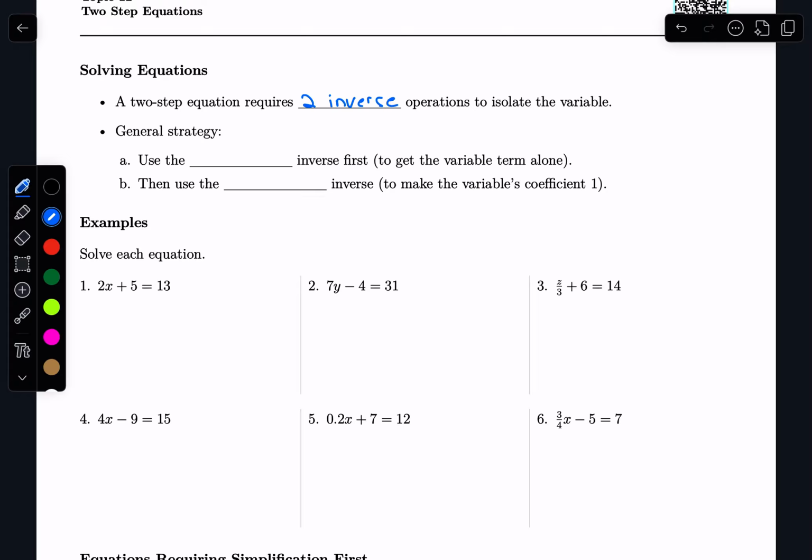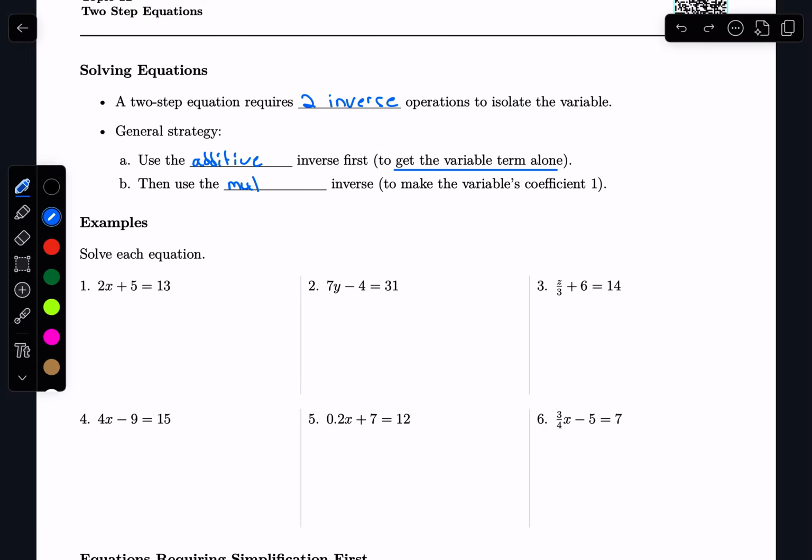As a general strategy, and we are going to see some contradictions to this, you want to use the additive inverse first, where if you recall, the additive inverse is how you, quote unquote, move terms from one side to the other. And we're going to use that additive inverse to get the variable term alone. So we're going to put everything without the variable on one side and everything with the variable on the other side. Then we're going to use the multiplicative inverse.